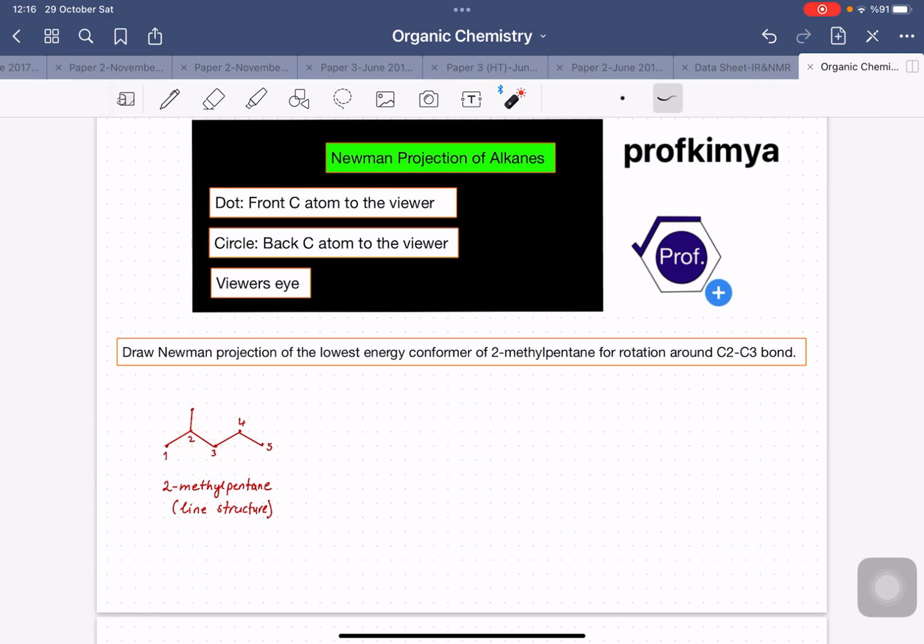If I draw the 3D structure of ethane molecule, this carbon is C2, this carbon is C3. Okay, in ethane molecule, as you remember, 2 carbon bonds are in line of the plane.